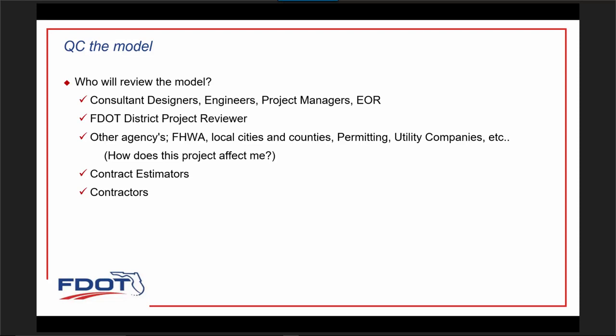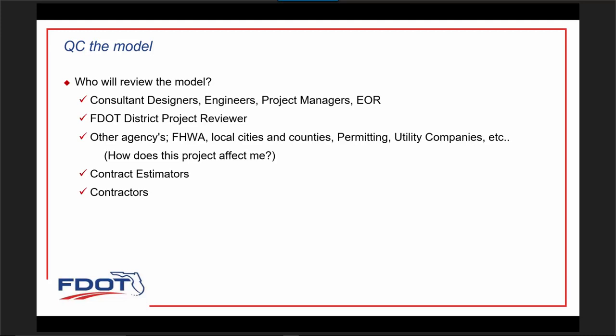It could be a lot of different people, obviously. It could be the designers themselves, whoever's designing it, or the engineers, the engineer of record on the job. So as you're designing, you might have an engineer of record needing to look at the model for different things. Could be QCing himself, project managers within the consultant office or within the district offices for internal projects.